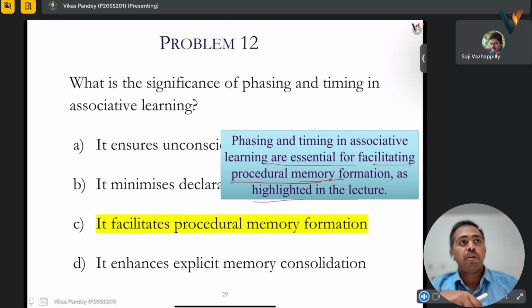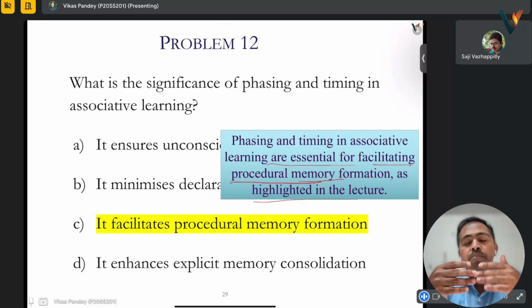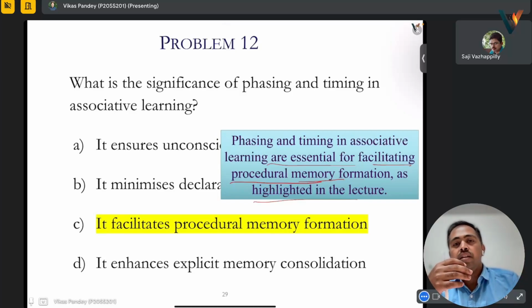So you don't need to remember, okay, now I have to change the gear. When you started learning driving, you must have been conscious about changing the gears. Later on it comes automatically. Such things are based on repetitive phasing and timing, and that is how they are associated. Automatically the speed goes up and your hand goes towards the gears.